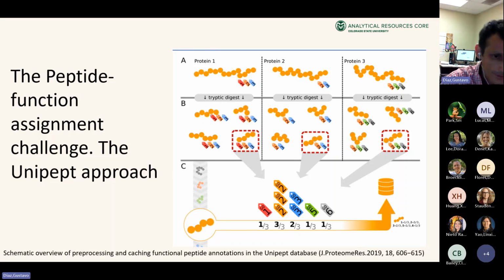So for example, if you see the peptide present in the sample that is shared is linked to the GO term number 1, and it's shared for 3 proteins. So it's going to have, let's say, an average participation of the functional capacity of that peptide in 1/3, whereas the GO term number 2 is in the 3 proteins. So it's going to have an assignment of 3 out of 3, and so on and so forth.